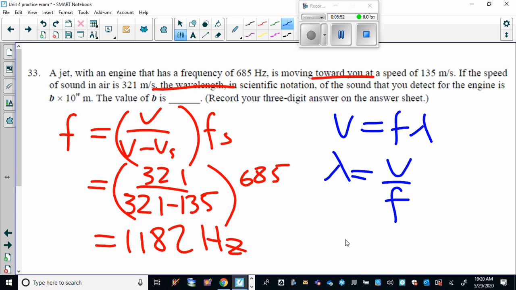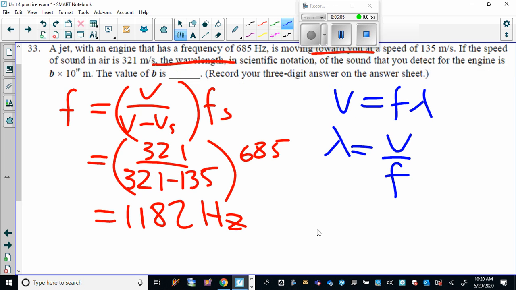It says the speed of sound in air is 321, and asks for the wavelength of the sound that you detect. So we definitely have to use the 321, because that's the speed of sound in air, and we want the sound that you detect.